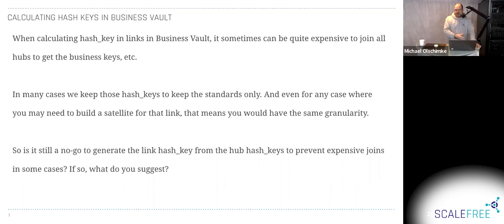You just concatenate them, one hash computation, and you're done. If you want to calculate the hash key from the hash keys, you have to calculate 4 hash keys first, and then calculate the hash key from the hash keys. So it's 5 computations versus 1. So in the raw data vault, it's relatively clear, or it should be clear. In the business vault, it depends. But the thing is this.